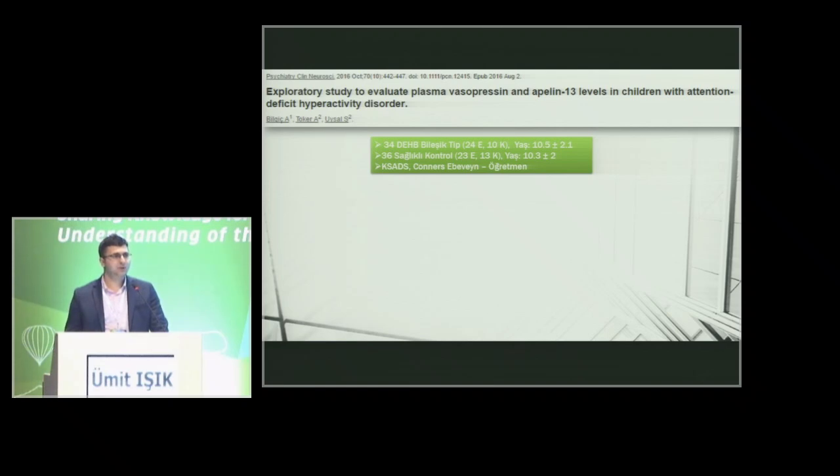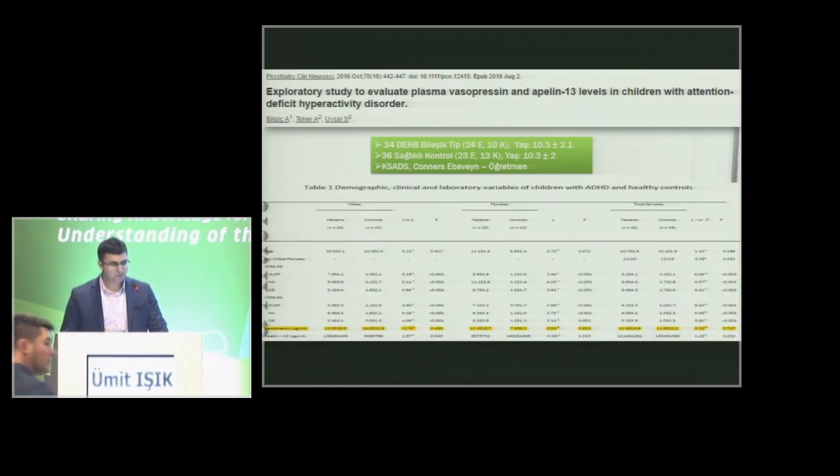It was a mixed-type ADHD. Conners parents and teachers forms were given. As a result of this trial, both in females and males, there was no difference between vasopressin plasma levels. All in all, in the genetic trials, vasopressin 1 shows some polymorphisms, but in the blood tests, there has been no difference when it comes to ADHD.